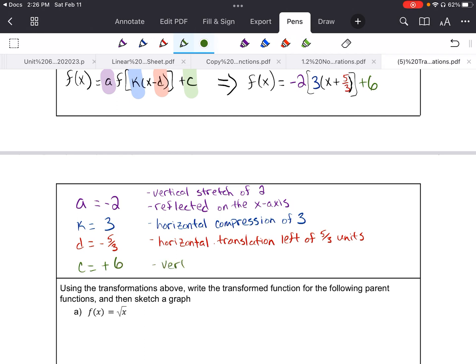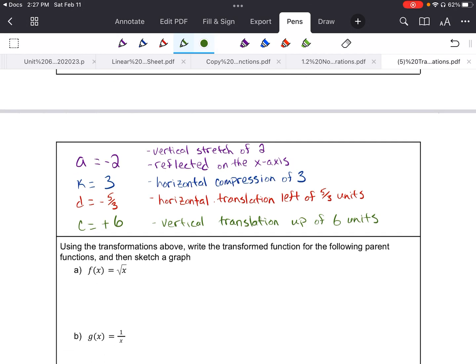That's a vertical translation up of 6 units. Okay, and we're going to use these four transformations for the remainder of the note.